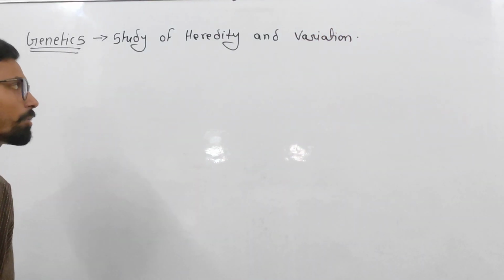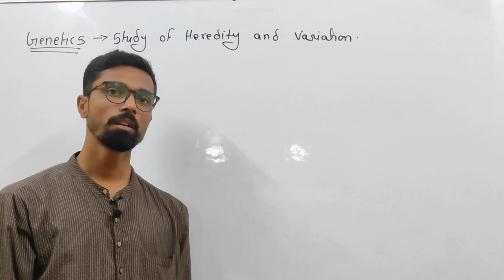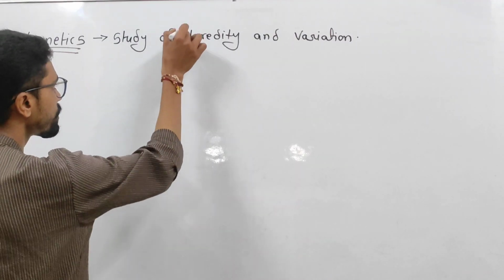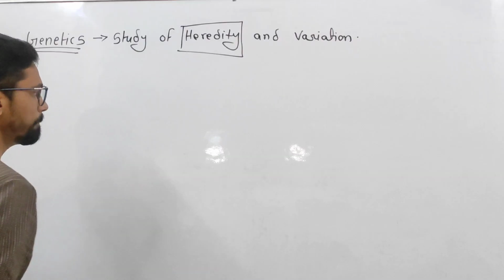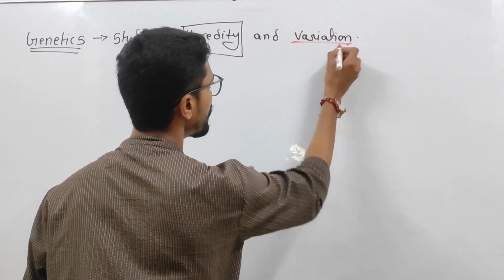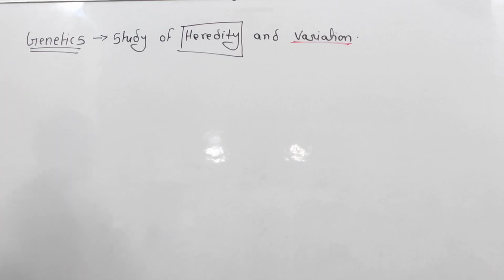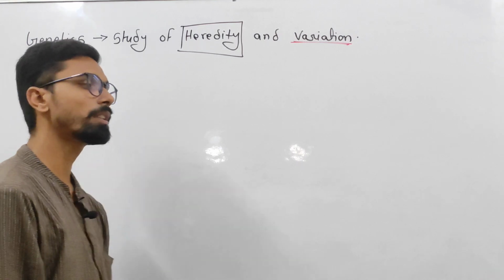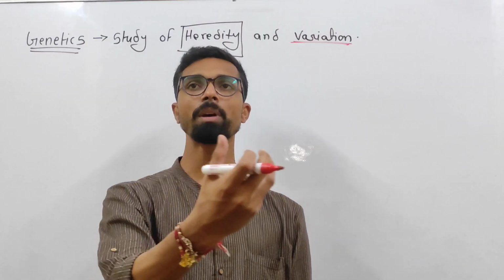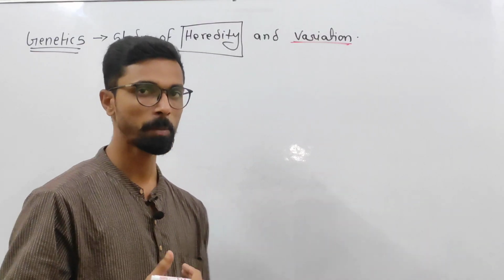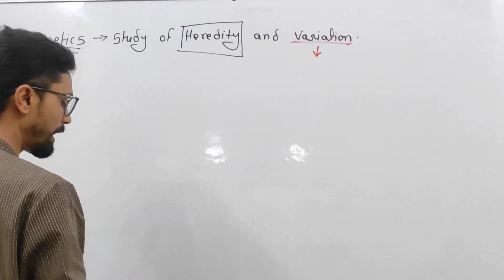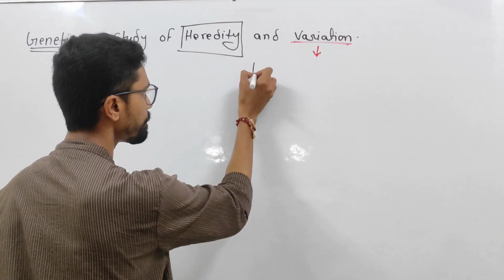We have done the definition of heredity. Now let's recall the term variation. Variation means whatever differences you can observe between parents and offspring.